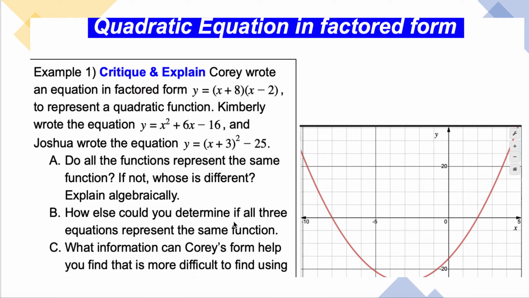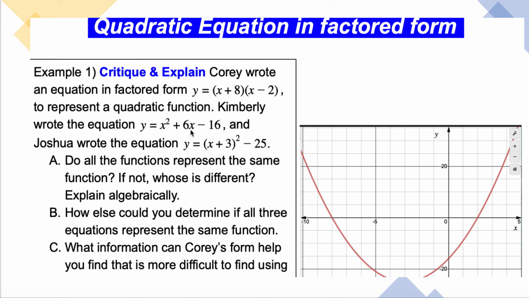As I mentioned already, I answered this in A. We can determine it algebraically, by expanding all of them to convert into one form. I just mentioned one scenario, where we convert Corey's equation and Joshua's equation into standard form.